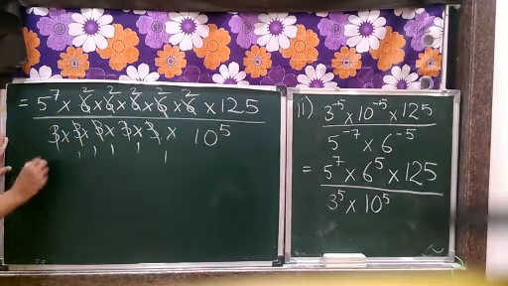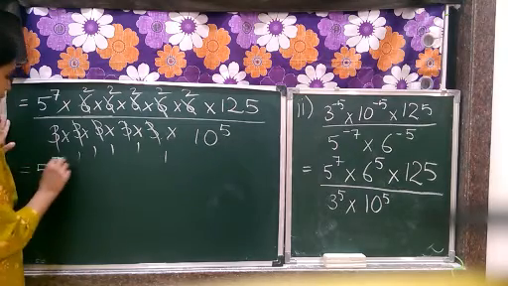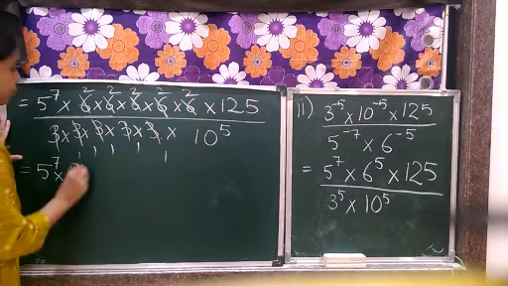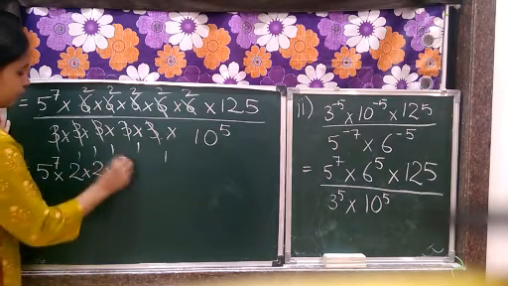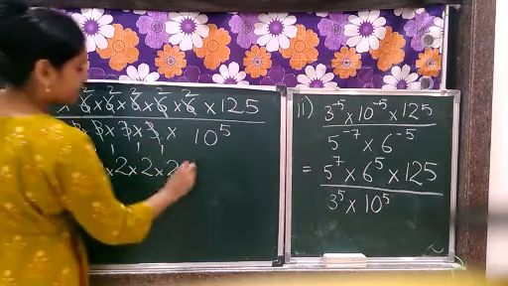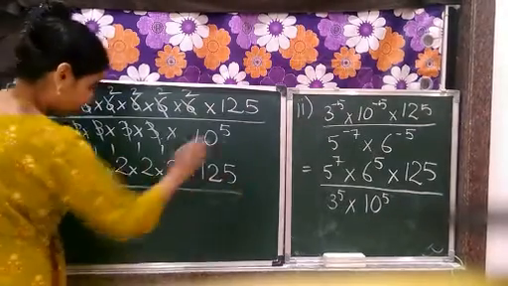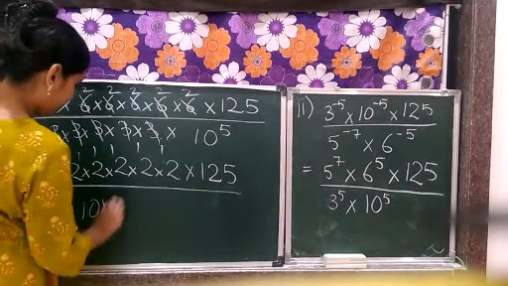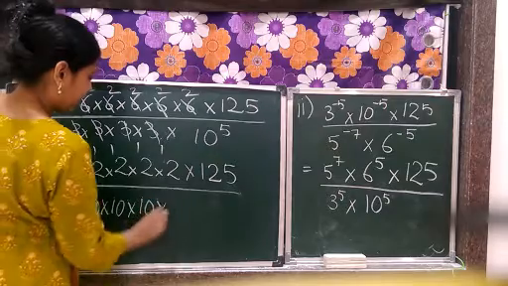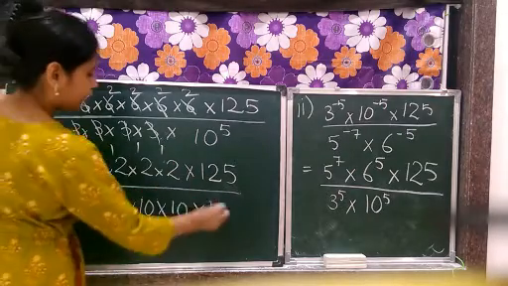Okay, now 5 raised to 7 into 2 into 2 into 2 into 2 into 2, whatever is left, children, that we are writing upon 10 into 10 into 10 into 10, 5.